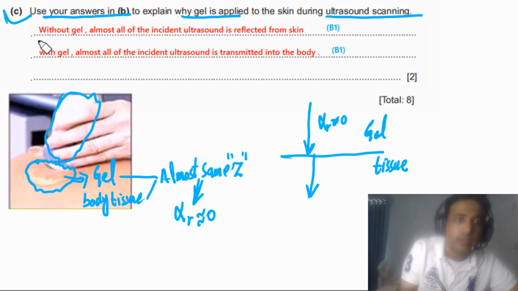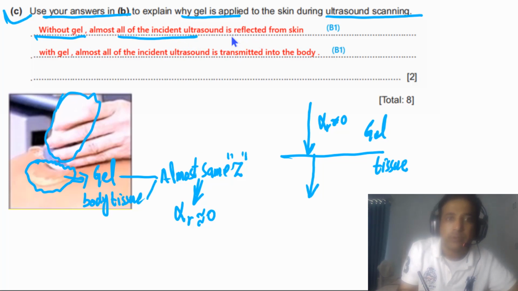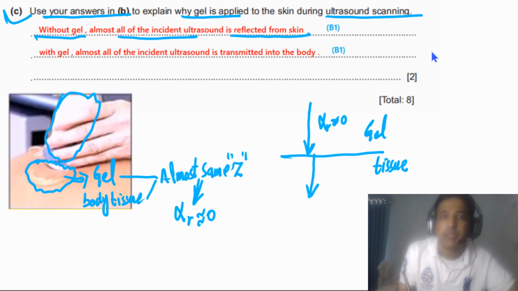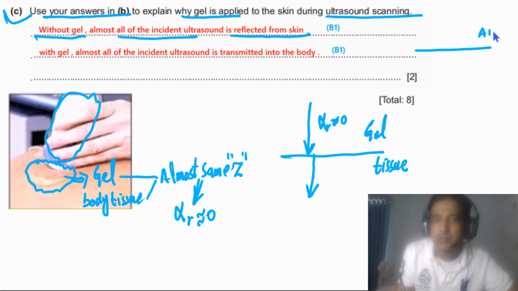The first point, you can say without gel, almost all of the incident ultrasound is reflected from the skin. We can draw here, for example, if no gel, then here is air and here is tissue. We have done calculations, you can check the previous part. Most of the ultrasound will be reflected back, and very little will enter the body.